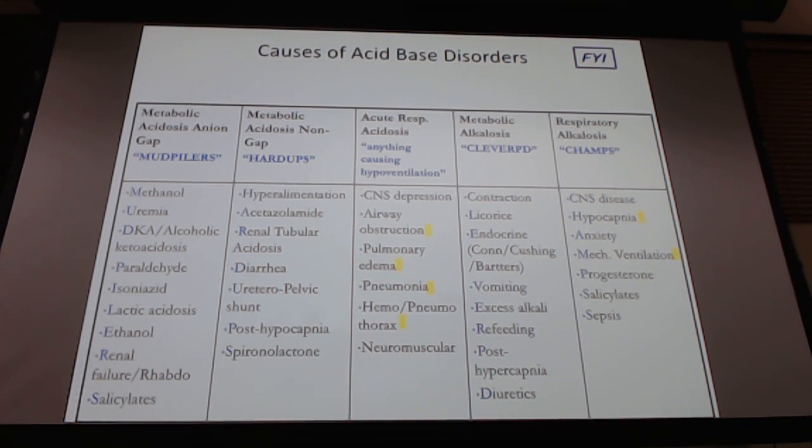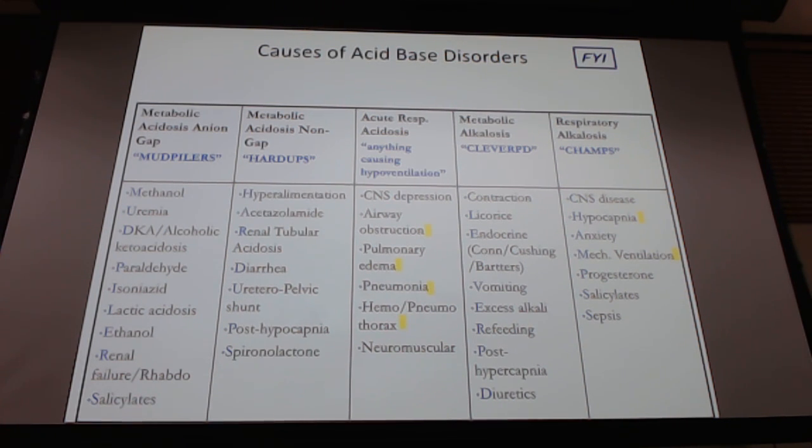So alkalosis, and we've got this little mnemonic. Someone hyperventilating, I think anxiety is in there. So someone who's breathing too fast. Someone whose vent is set too high, sorry, it's not too low, it's too high.